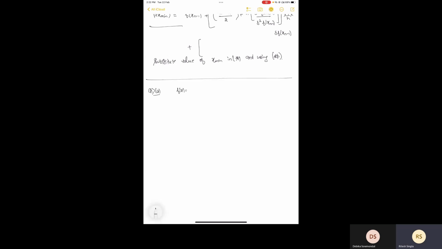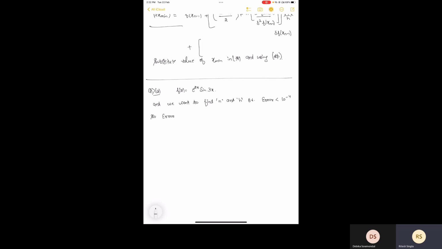We have f(x) to be e to the power 2x sine 3x, right? And you want to find n such that error is less than 10 to the power minus 4.